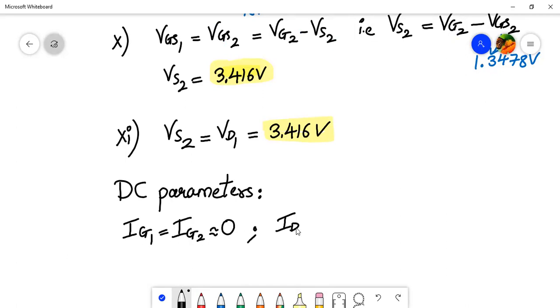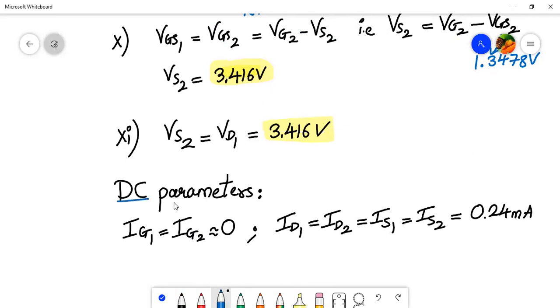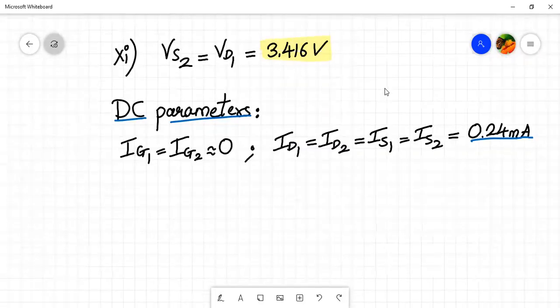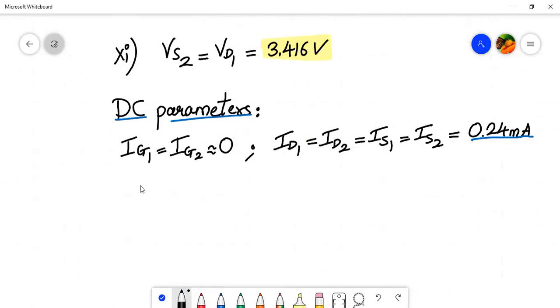Then we had ID1 equal to ID2 equal to IS1 equal to IS2, which was equal to 0.24 milliamperes. Is that fine? So that was the value of the drain current and the source current, all are equal. Then we found out the value of VG1, and let me check how much it was again.